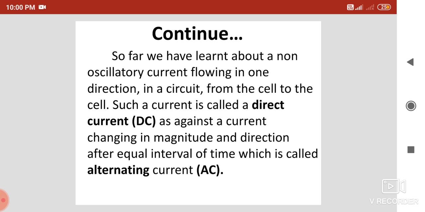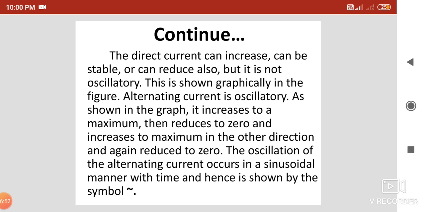So magnitude changes as well as direction. It is an oscillating current, so it is called alternating current. Direct current cannot be changed; it is non-oscillatory and its magnitude remains constant. But alternating current is oscillatory.